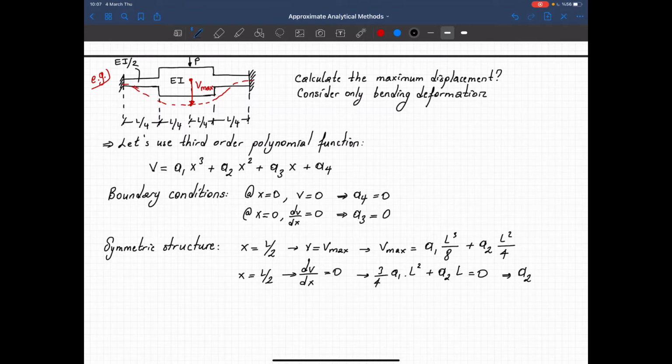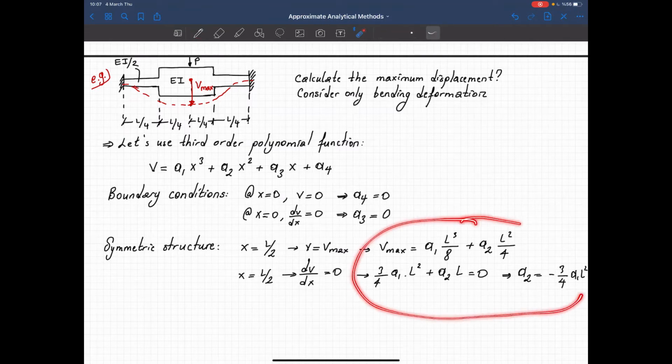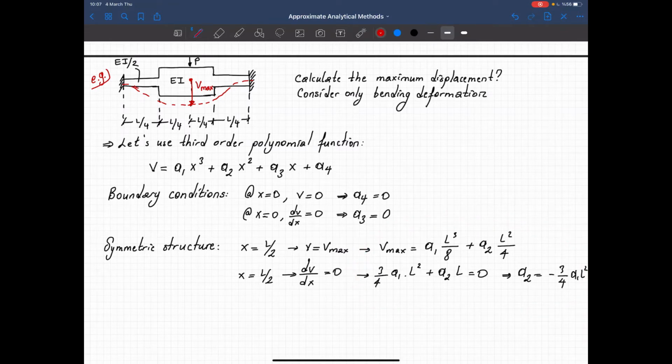and this tells me that a2 is equal to minus 3 over 4 a1 L squared, and combining these two equations I can write my polynomial function as follows.